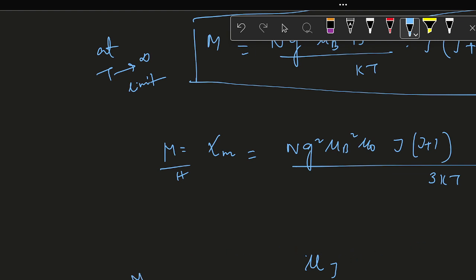Just like we initially wrote m_J for each atomic dipole, similarly the dipole moment for each atom in the system is written as mu_J effectively. We represent it as mu_J squared equal to mu_B squared J(J+1), so mu_J = mu_B root over J(J+1).